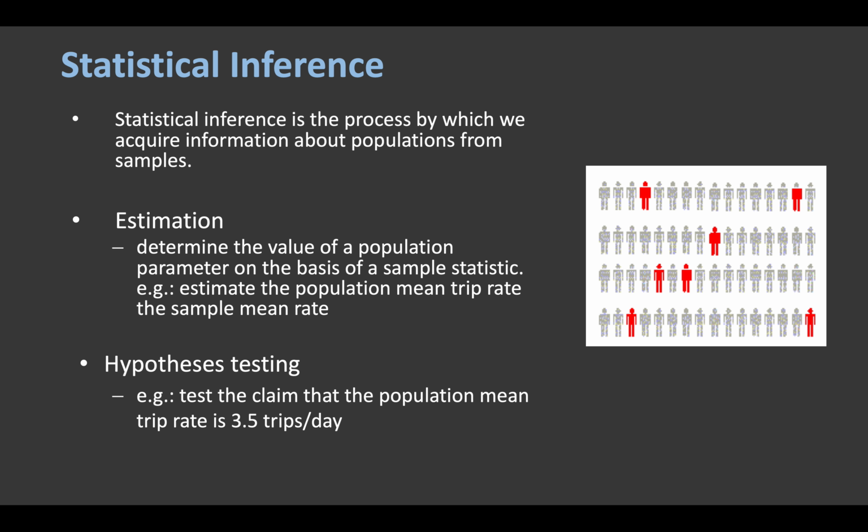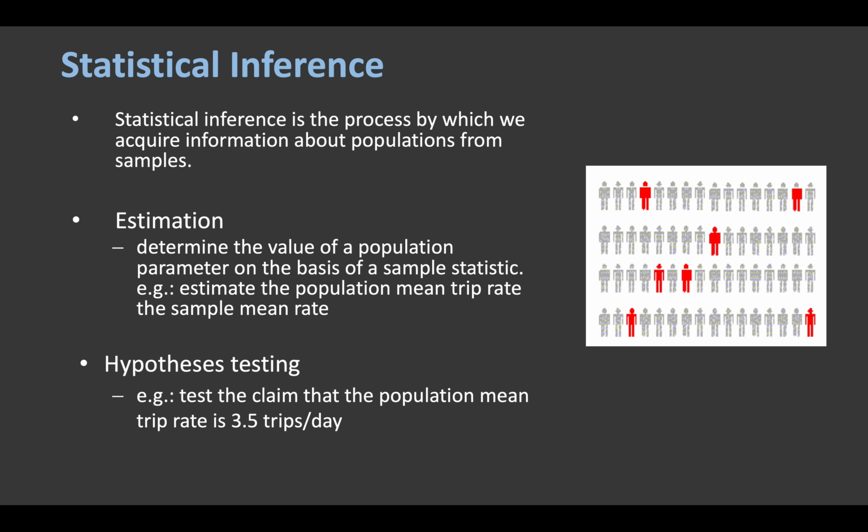Now, I want to say some more about statistical inference. Statistical inference is a process by which we acquire information about populations from samples.